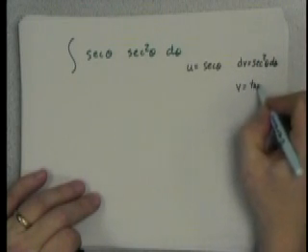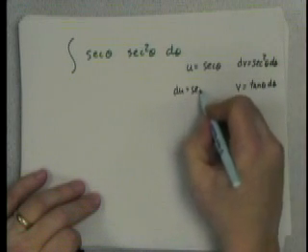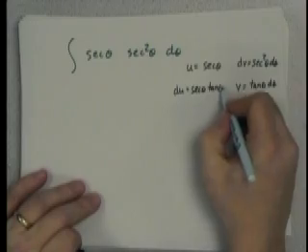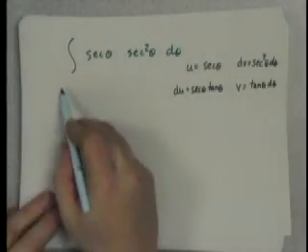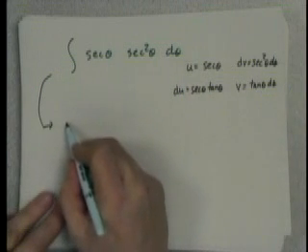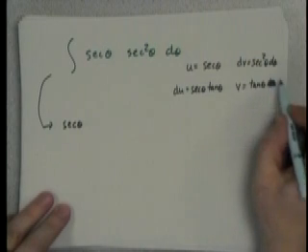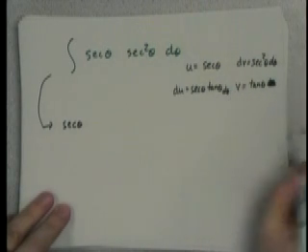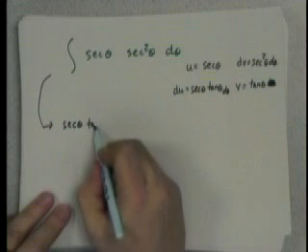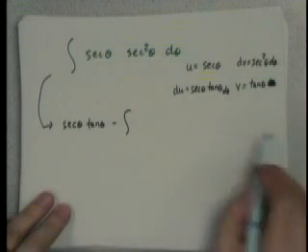This becomes v equals tangent theta, and du becomes secant theta tangent theta d theta. So then this integral becomes uv minus the integral of v du.